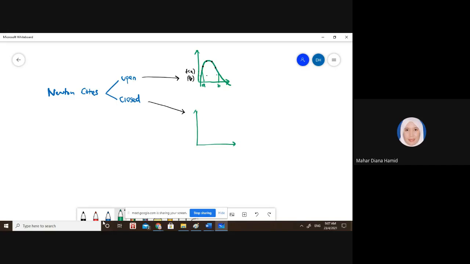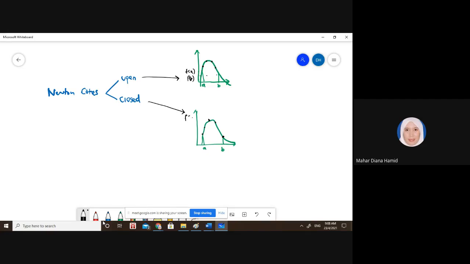So for example, if we have a similar function as previously, from A to B, two of the data points will correspond to the beginning and end points of the limit of integration, A and B.